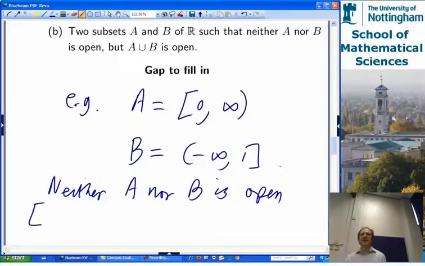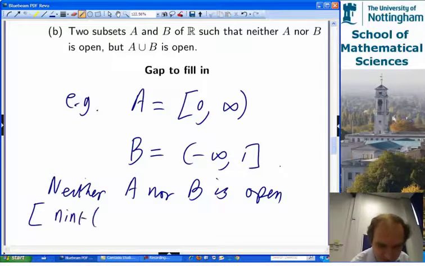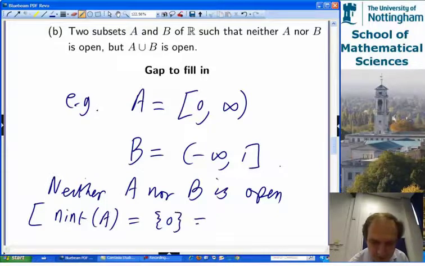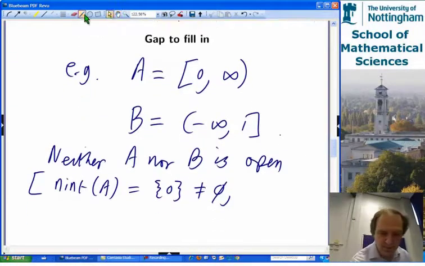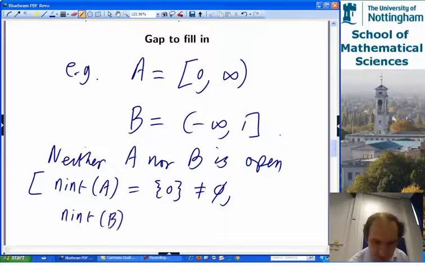And I would say that's clear because we know about intervals, but optionally, int of A, there's one non-interior point at 0, so it's not empty. And the same thing for B. But that's an optional extra.